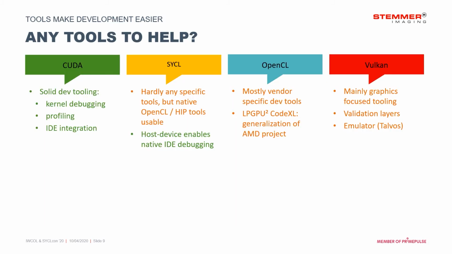Another important factor impacting the usability of a programming model is the tooling that is available. With CUDA, for example, NVIDIA provides a lot of development tooling, for example, a kernel debugger, profiling, and even some integration into Visual Studio and so on.